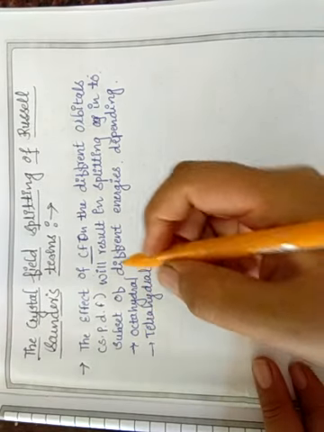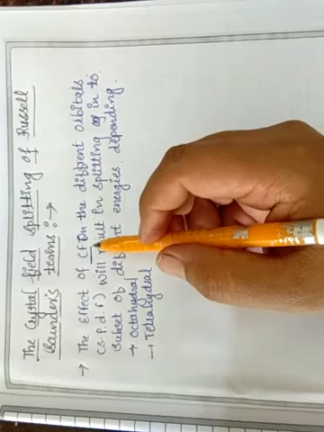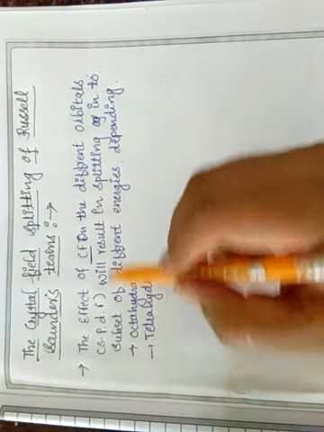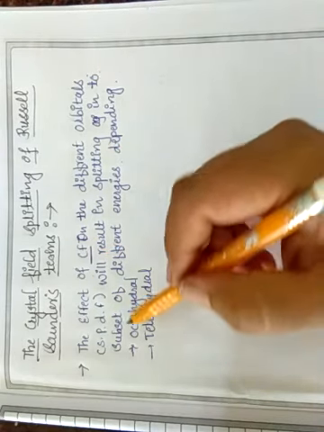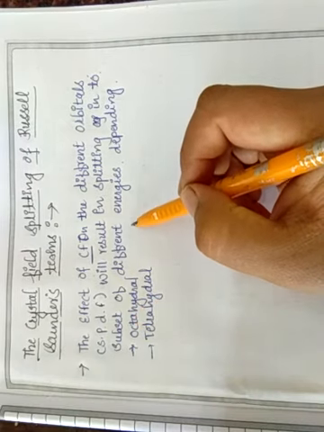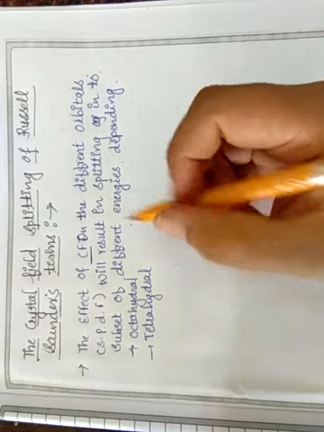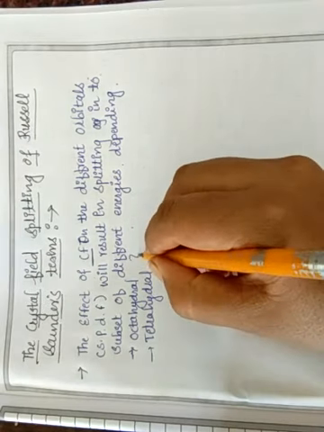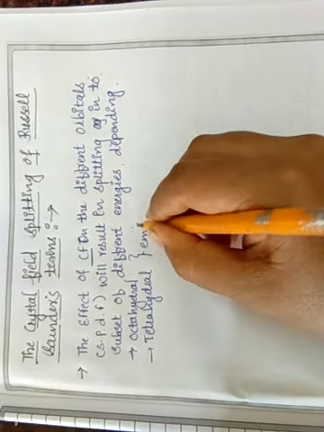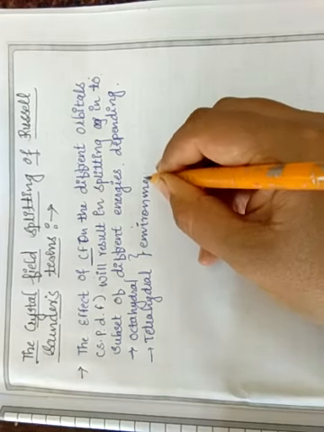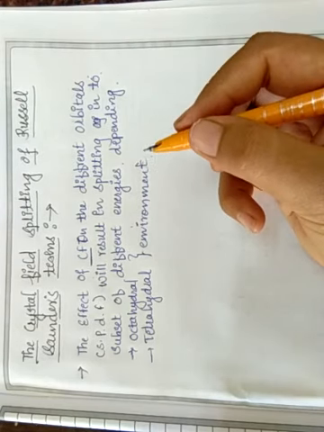So what I want to tell you is that the effect of crystal field splitting on the different orbitals will result in splitting into subsets of different energies, which depend on whether they are in an octahedral environment or a tetrahedral environment. Which environment they are present in determines that.